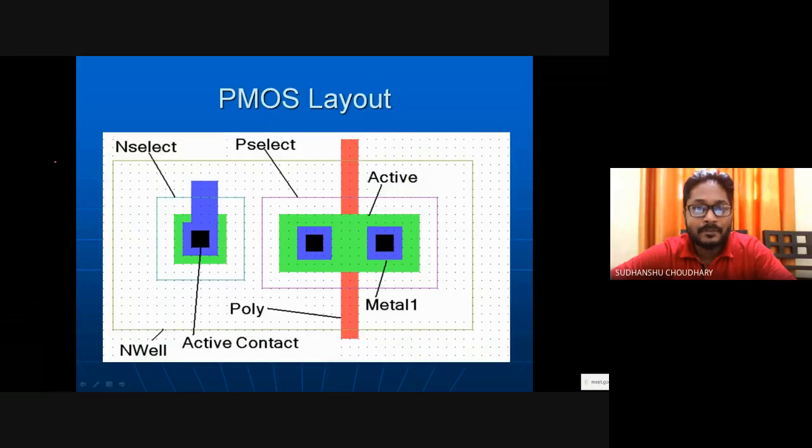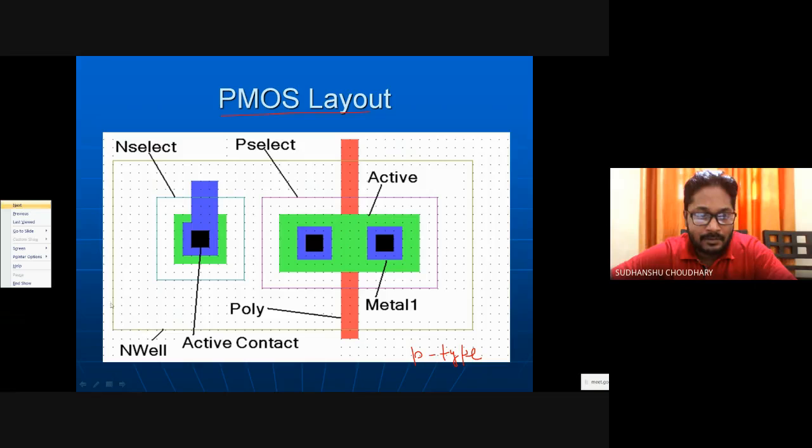Now for PMOS, we start with the same concept: the background is P-type. So in a P-type material, if I want to create a PMOS, I need an N-well. Number one, you need an N-well. This entire outer box is my N-well.